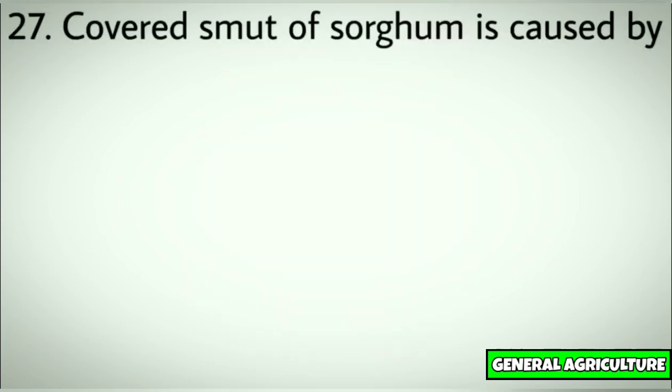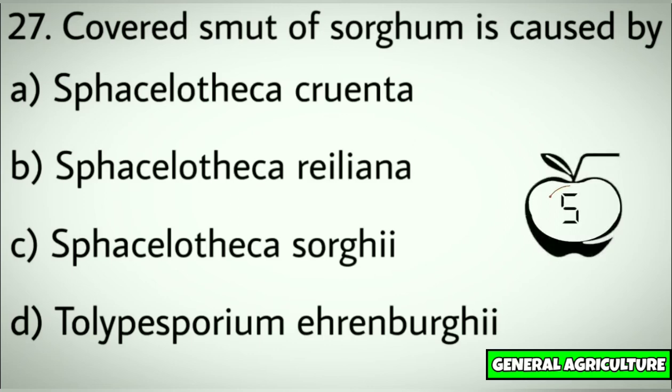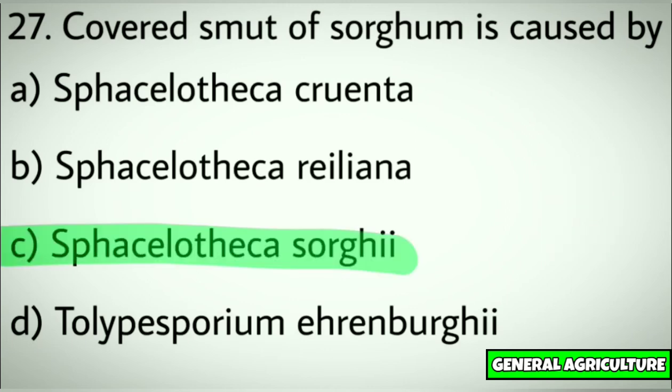Covered smut of sorghum is caused by. Options: A. Sphacelotheca cruenta, B. Sphacelotheca reiliana, C. Sphacelotheca sorghi, D. Tolyposporium ehrenbergii. Correct answer: C. Sphacelotheca sorghi.